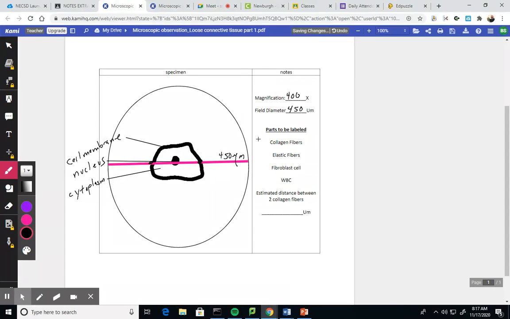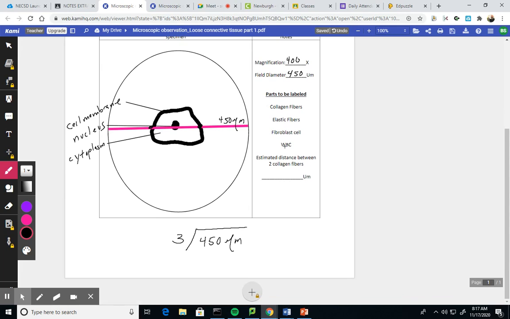And Kevin, I'll estimate, how many of these things do you think you could fit across if you could line them up? Okay, 1, 2, 3. I'm going to go with 3 also. So 3 goes into 4 one time. And all this, this equation, is from our previous lesson last week when we did microscopic measurements.